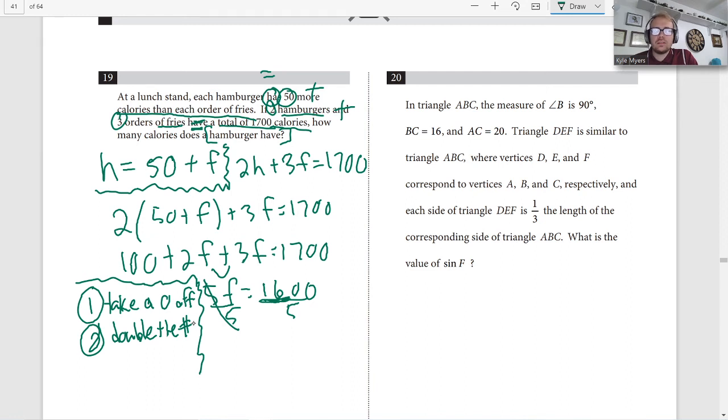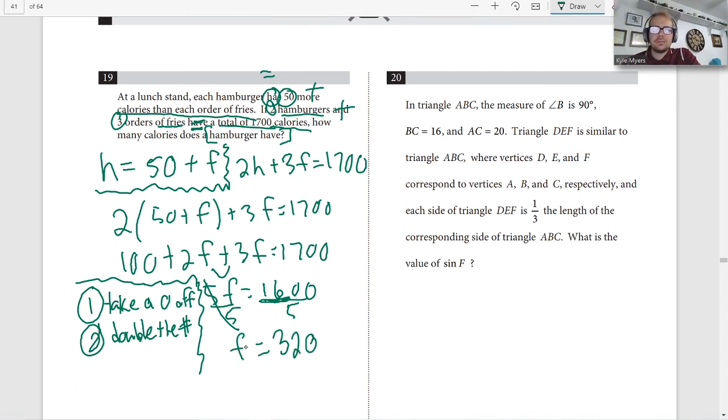So if I'm dividing by 5, I'm basically dividing by 10 and then doubling it. Or you could do it the other way around. So if I take off a 0 first, I have 160. And then if I double that, I have 320. Right?